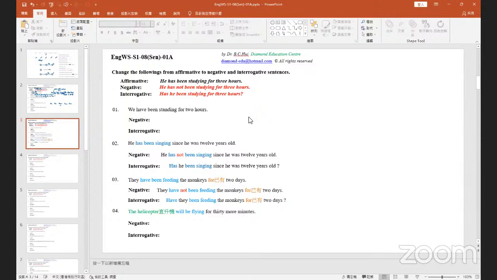Three words together. What kind of tense is it? It is future continuous tense.